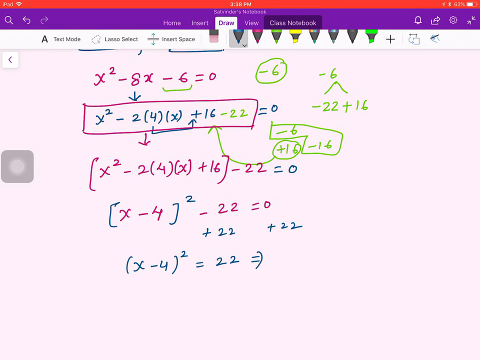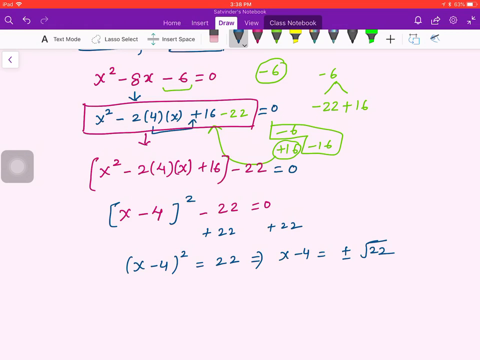So when you take the square root, you may say x minus 4 equals plus minus square root of 22. Now it's not a perfect square, so you don't need to convert. If it is a without-calculator exam, you don't need to convert into decimals. What you can do now is leave it as surds.